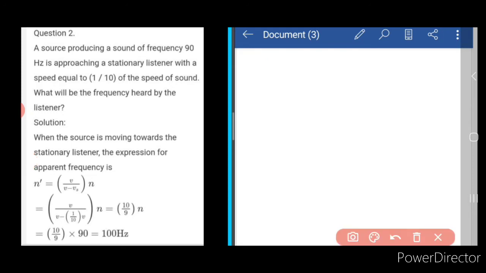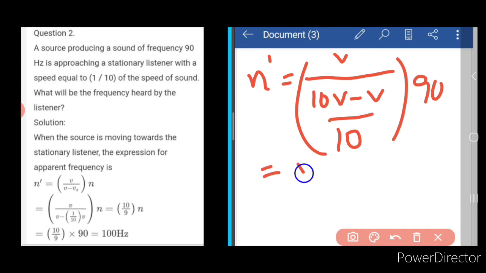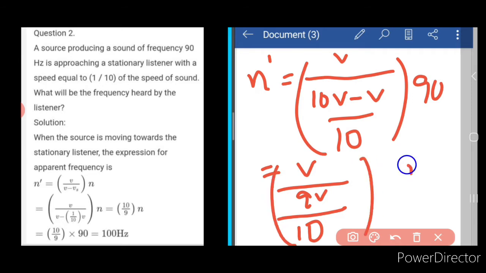So n dash is equal to V divided by, now the LCM will be 10, so it will be 10V minus V, into 90. So when you subtract 10V minus V, it will be 9V divided by 10, into 90.